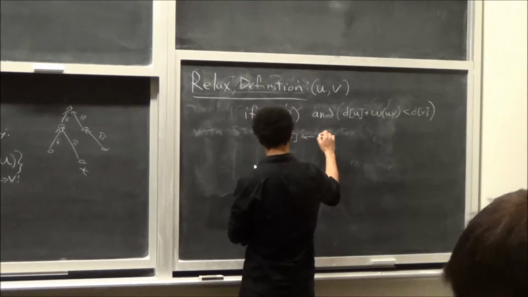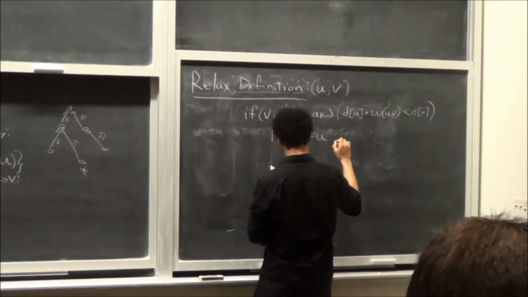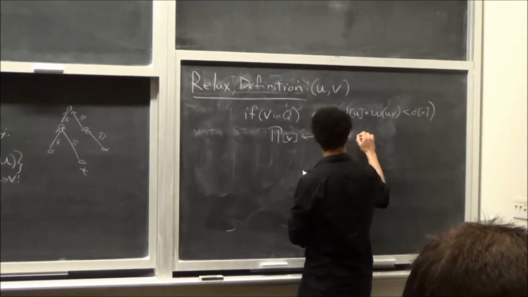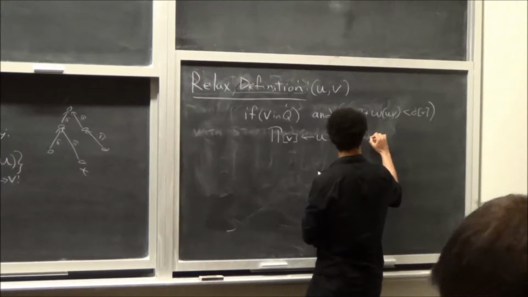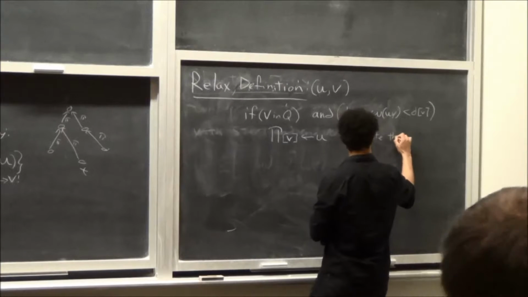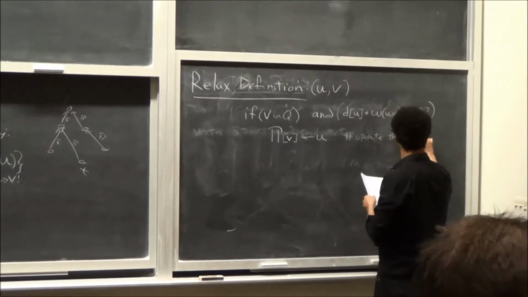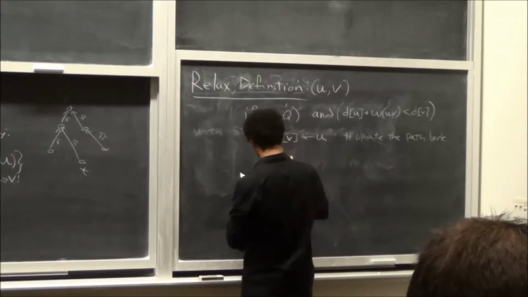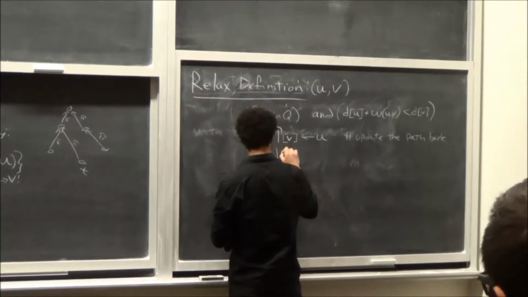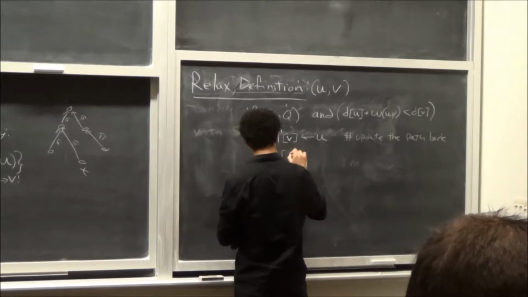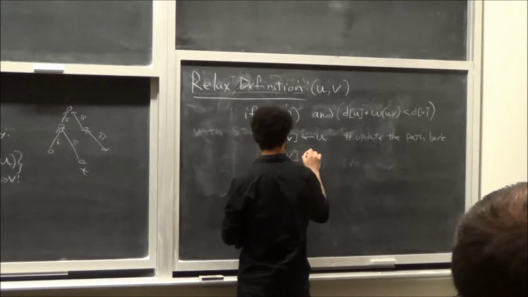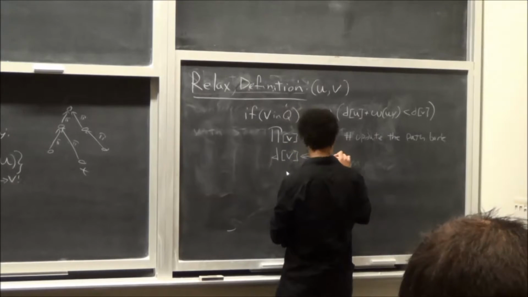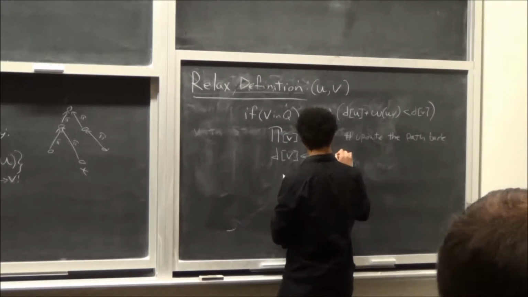So we update the predecessor of V to U. And we also update our distance to be du.